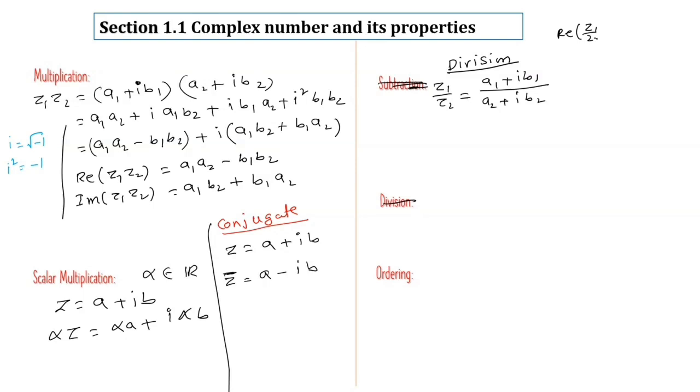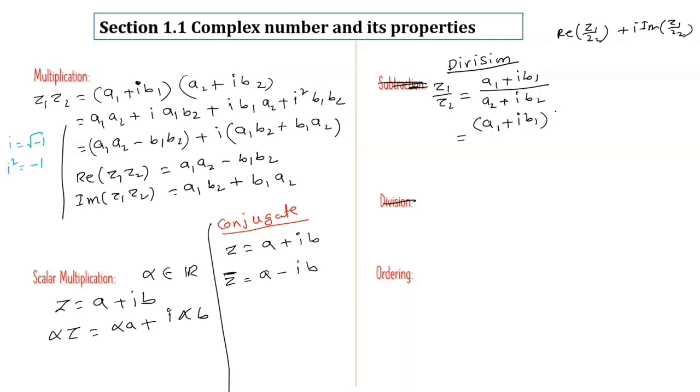Now to complete the division, we have to find real of z1 over z2 plus iota imaginary of z1 over z2. So to write this expression in that form, we have to multiply with the conjugate of the denominator number.